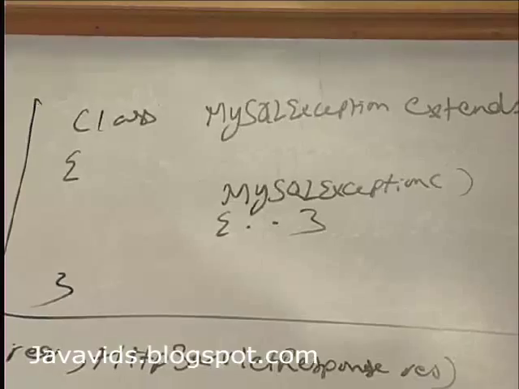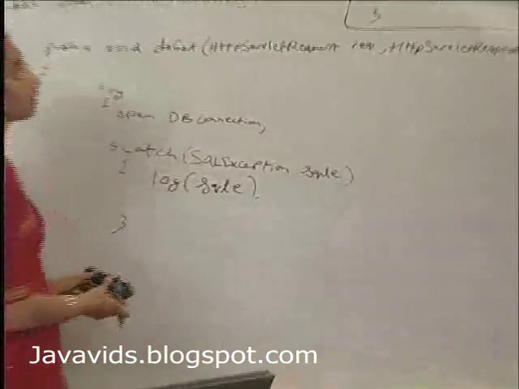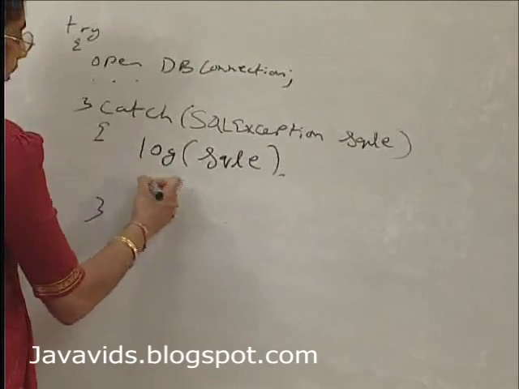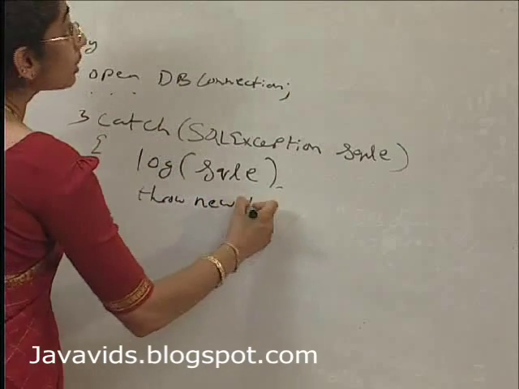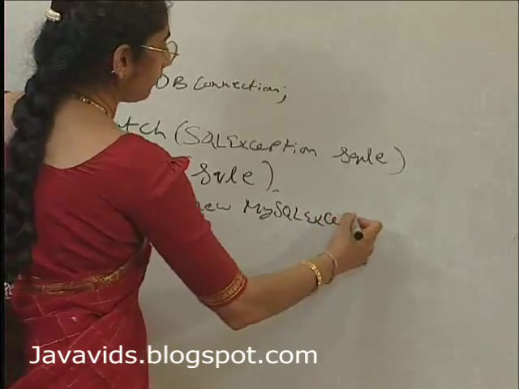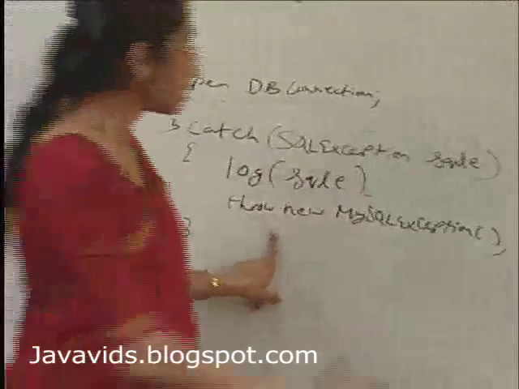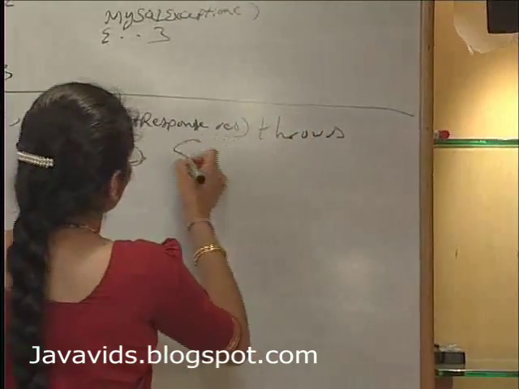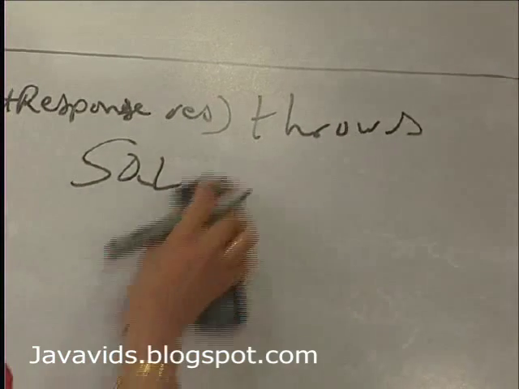Now whenever SQL exception gets generated, what you do is you throw your user defined exception, which means to say you need to have a throws clause here. Say throws servlet exception.